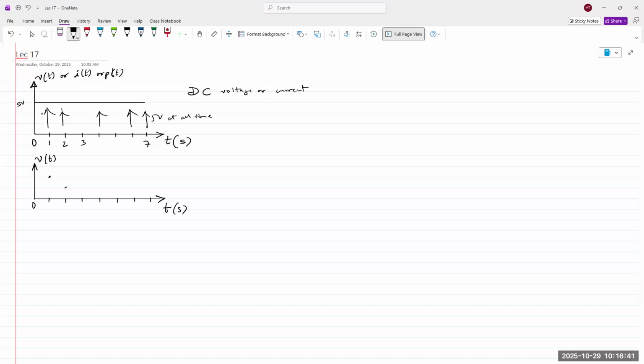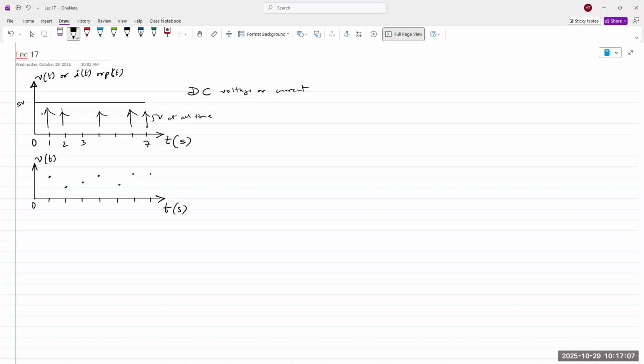Could have a value here, here, here, here, here, here, and here. And when we join the dots together, we'd get like a waveform. But that's all it means. It doesn't mean anything else. Voltage as a function of time, meaning it has a different value at any given point in time.